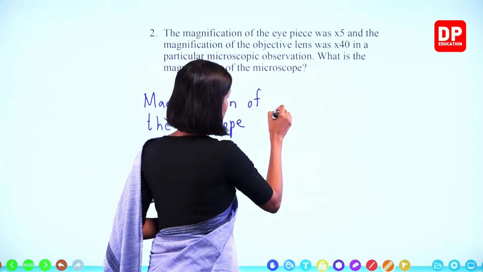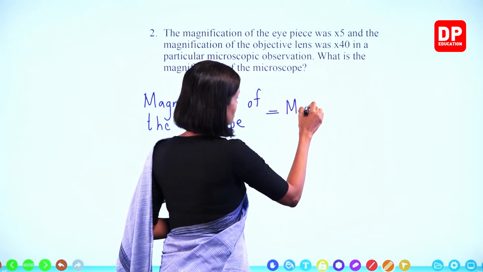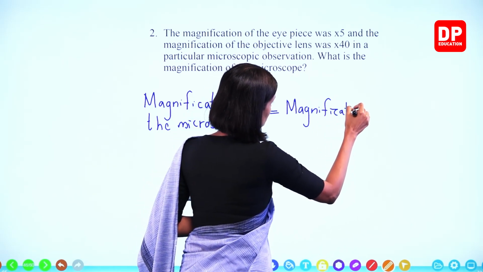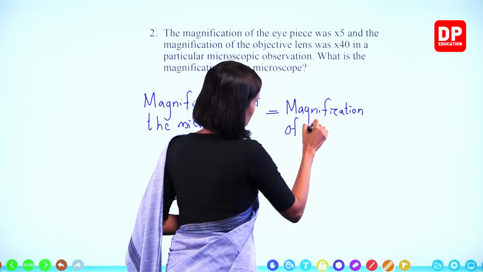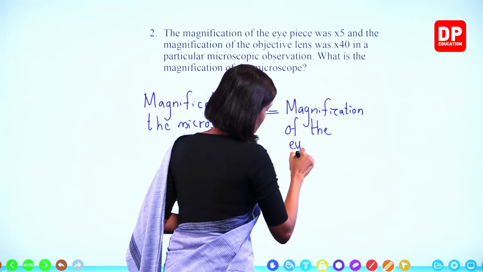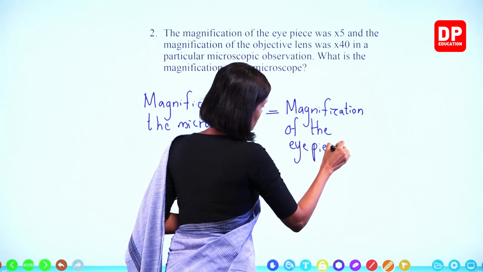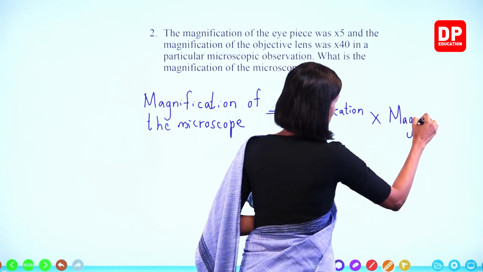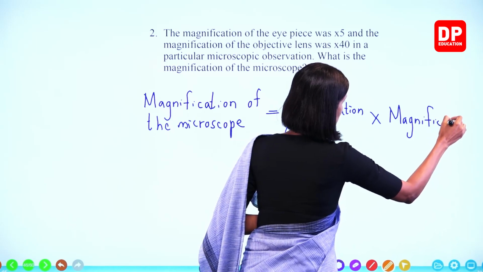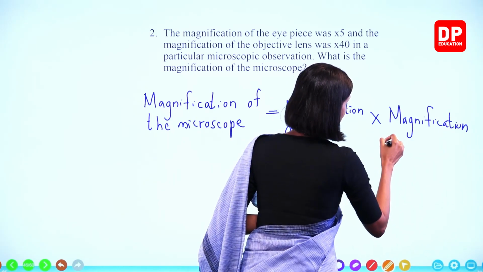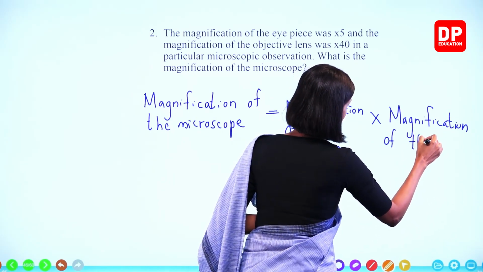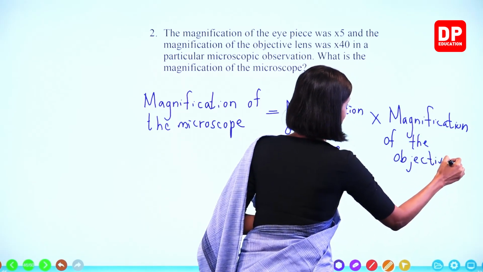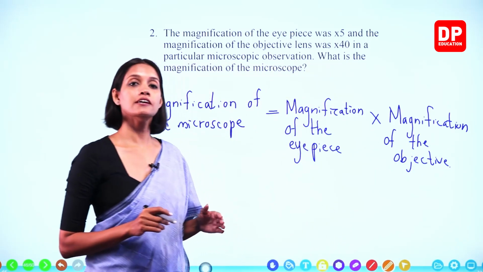Let's write equals magnification of the eyepiece multiplied by the magnification of the objective. Objective lens also correct. Right.